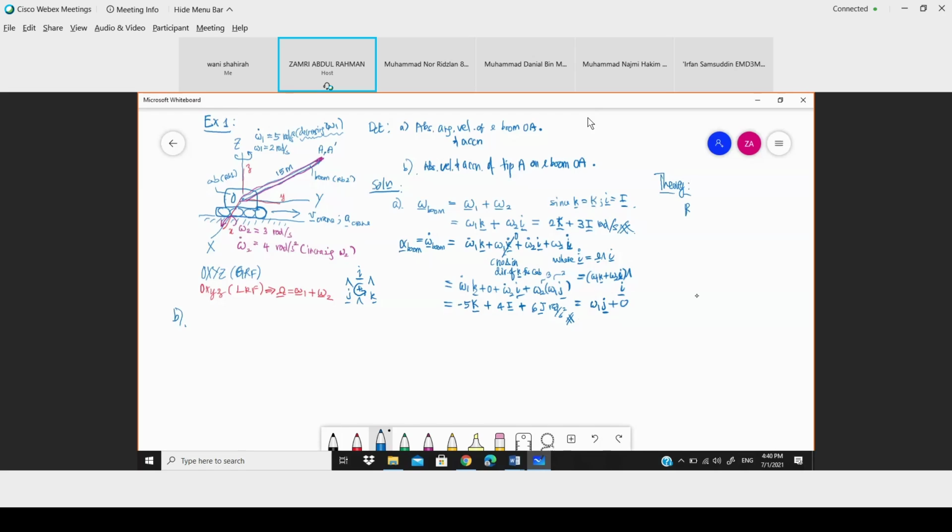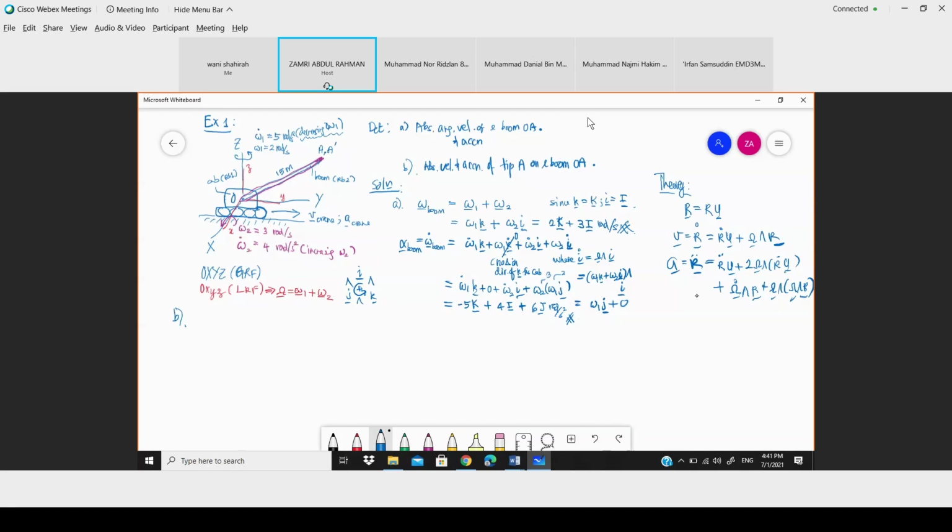We have position written as R, which is R U, velocity V, which is simply R dot, which is equal to R dot U plus omega cross R, and then acceleration, which is V dot or R double dot, which is equal to R double dot U plus Coriolis acceleration, which is 2 omega R dot U, plus omega dot cross R plus omega cross omega cross R.